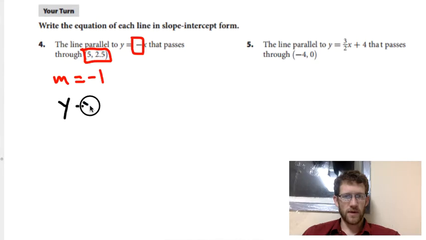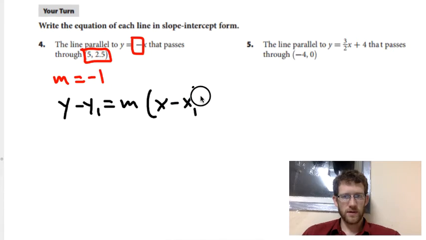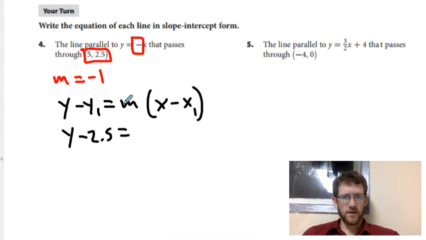You can simply write out the point slope form. y minus y1 equals m times x minus x1. Then we can plug in our values. Y, we're subtracting this value, 2.5 minus 2.5 equals -1 times x minus 5.